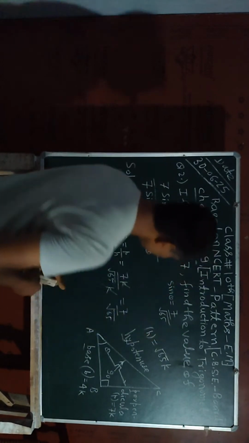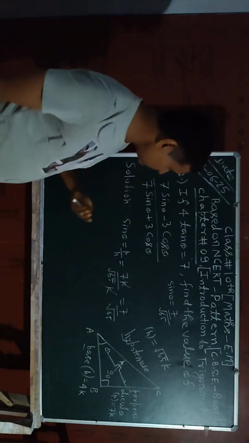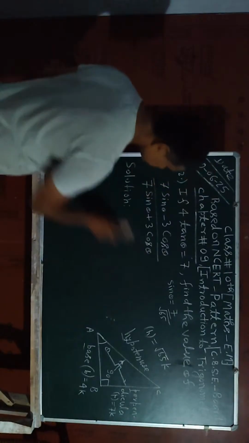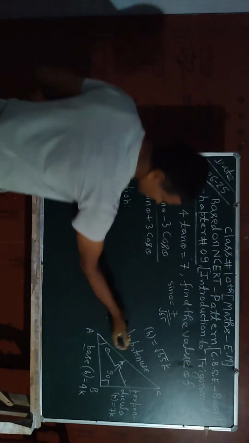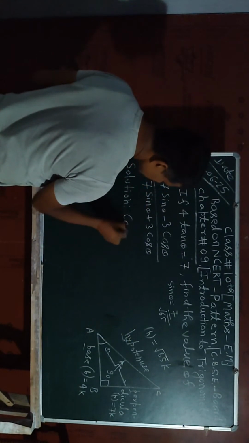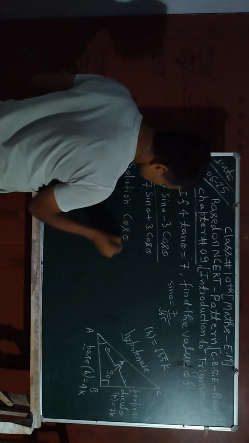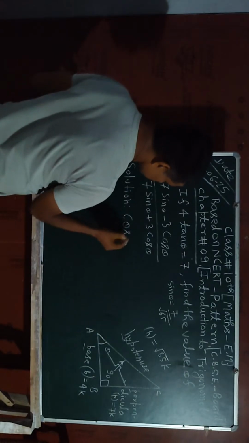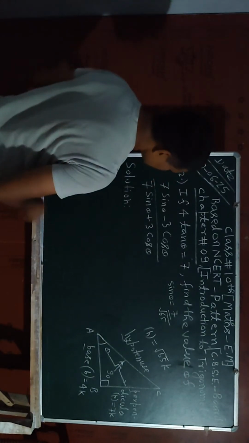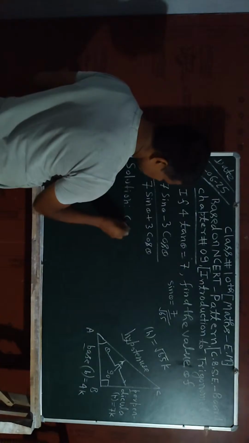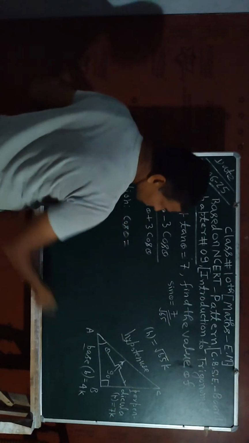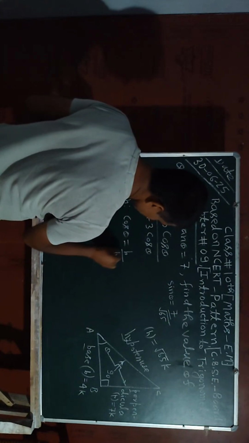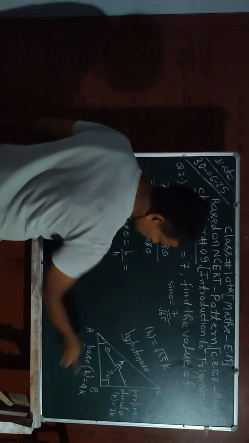Okay. Similarly, I will get the value of cos theta. Cos theta is equal to base divided by hypotenuse. The value of base is given as 4k.